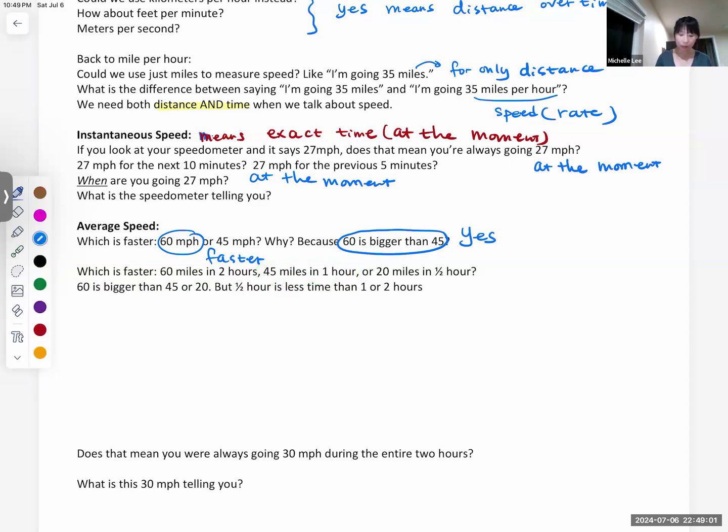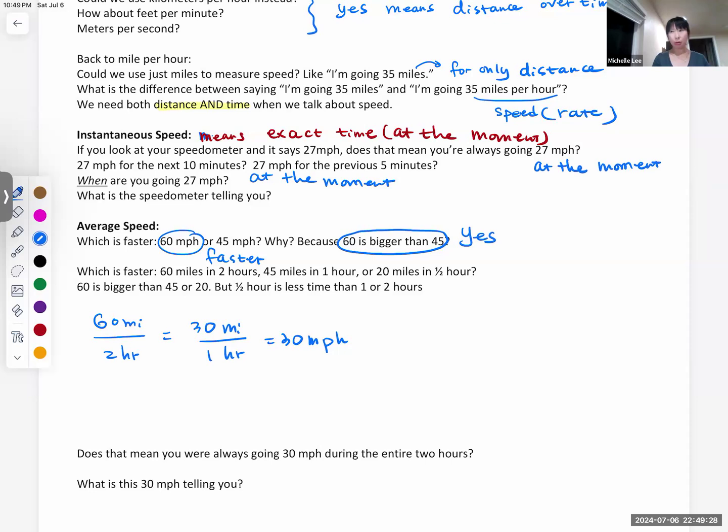Let's calculate. 60 miles in 2 hours, because we know it's miles per hour. If we calculate this, we get 30 miles per 1 hour, which is 30 miles per hour.